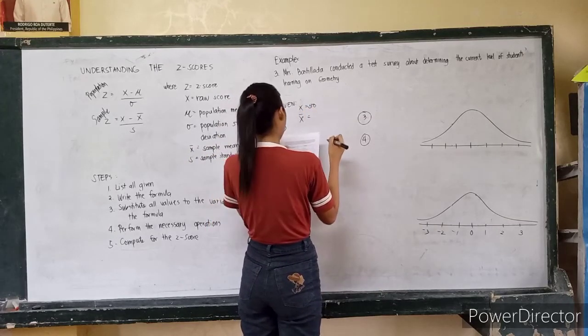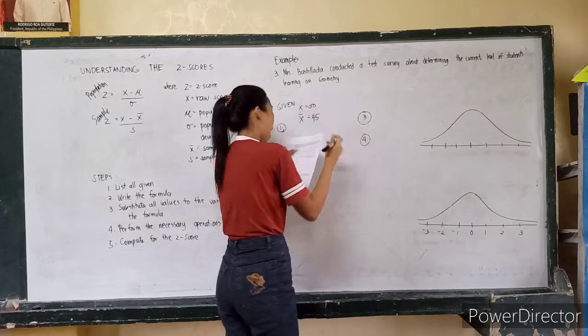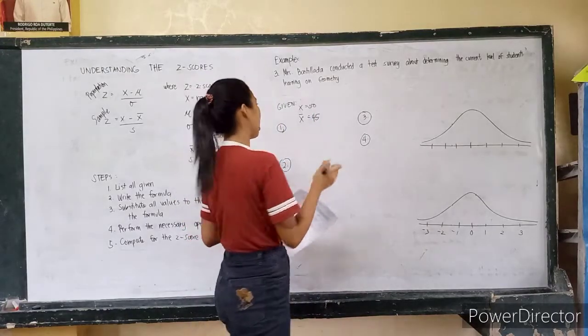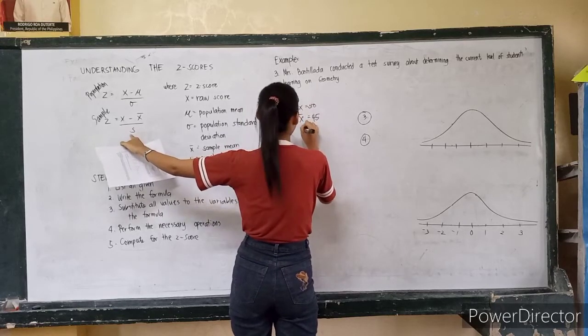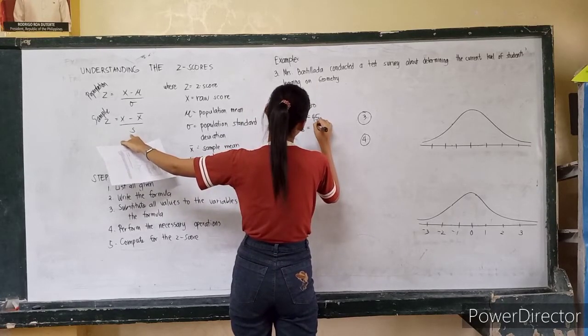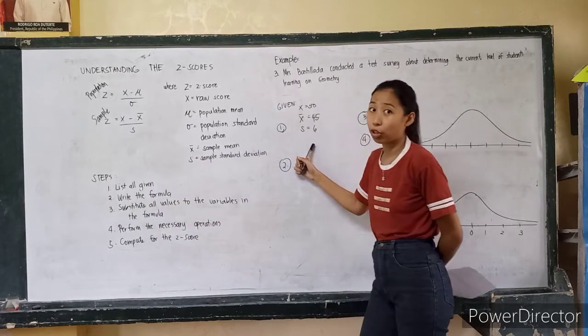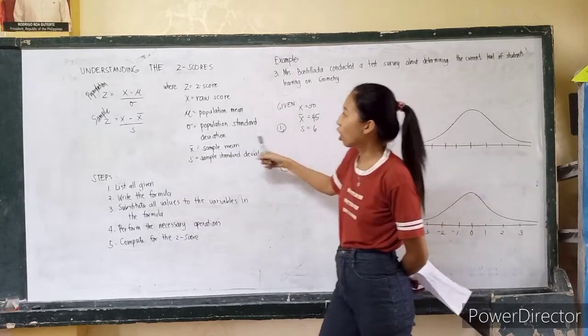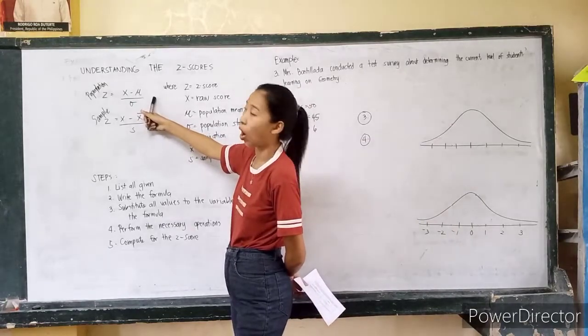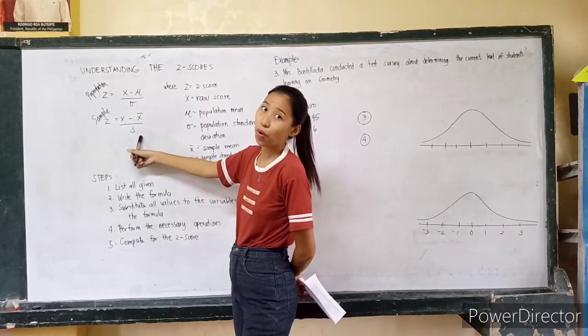Ang sample mean niya is 45 and ang standard deviation is 6. So, standard deviation for sample should be s. Okay, 6. Karon, looking at your given, you have x, x bar, and s. So you are not going to use the first one, but use the second one instead.